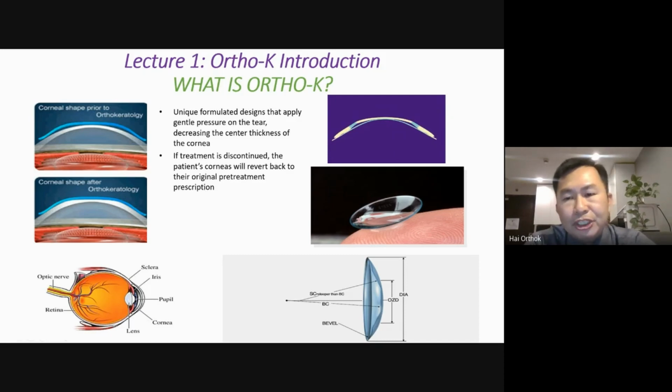And this morphology is a calculated morphology that brings the vision to nearly plano.